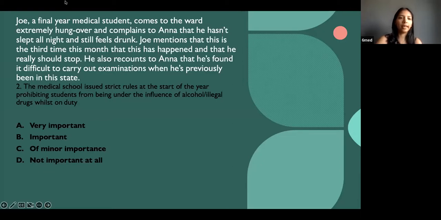Okay, let's have a look at the answers. Most people, again, are saying A, it's really important to consider. The statement says the medical school issued strict rules at the start of the year prohibiting students from being under the influence of alcohol or illegal drugs whilst on duty. For someone who put A, can you explain why you put A as opposed to B?